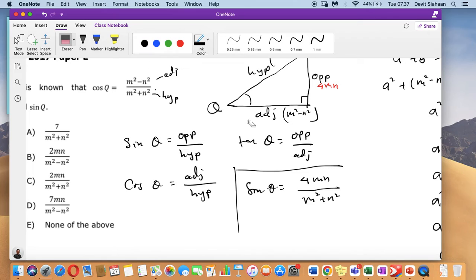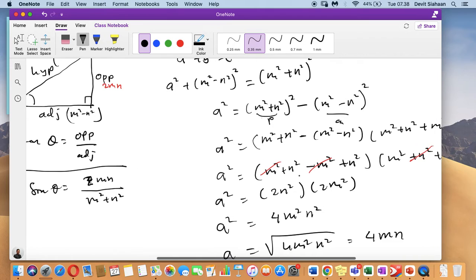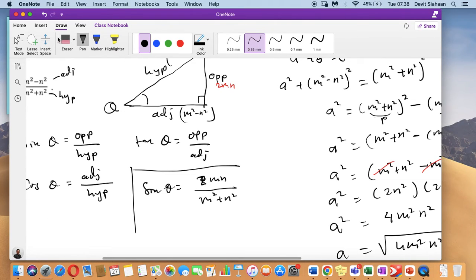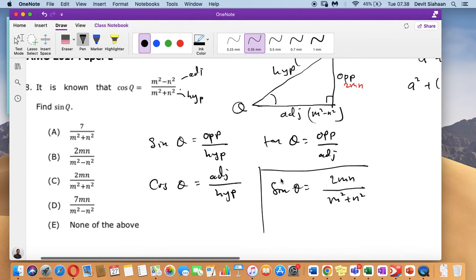Oh sorry, why is this still 4? It's supposed to be 2. My mistake, we forgot to put the square root. Okay, sorry, a little bit nervous. So the real answer is 2mn over m square plus n square.